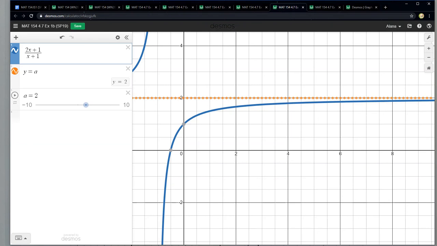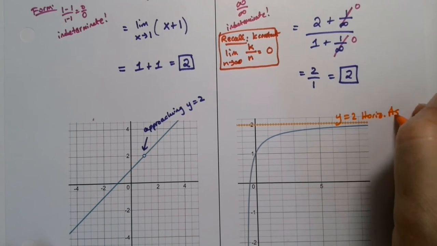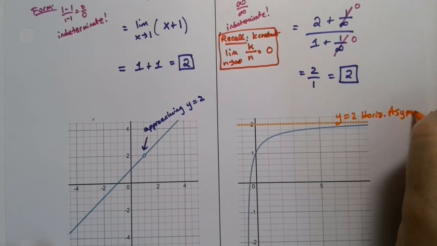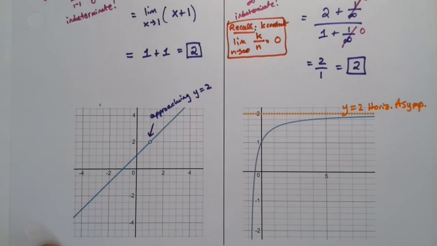We actually learned that in Calculus 1, right? So y equals 2 is the horizontal asymptote. And we actually learned that's how you find those with calculus in Calc 1.